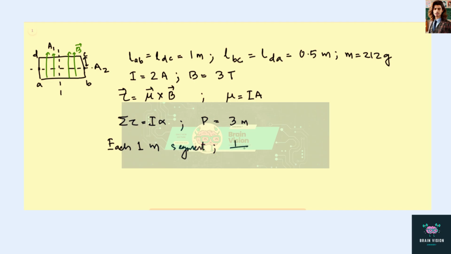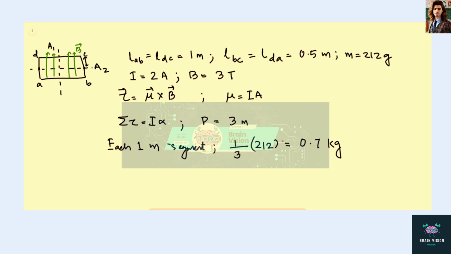One comes from the length of the segment, three is the total perimeter. This much perimeter, the total length, contains this much mass. So how much mass will the 1 meter segment have? That is equal to 0.07 kg.